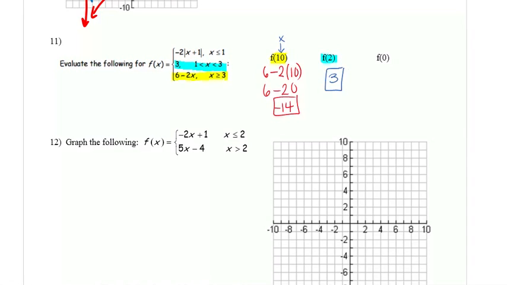Nothing to plug in there, we just had to figure out that that's what the case was. And the last one is f of 0, so when we plug in 0, that means it's this one up top when x is less than or equal to 1. So that's negative 2 times the absolute value of 0 plus 1. That would be negative 2 times the absolute value of 1, which means our answer is just negative 2.